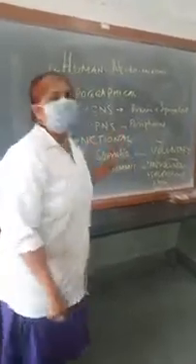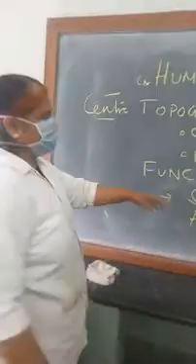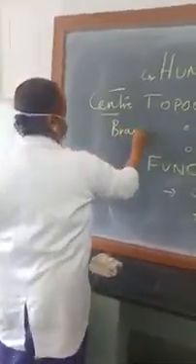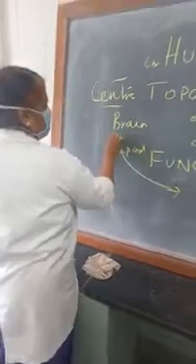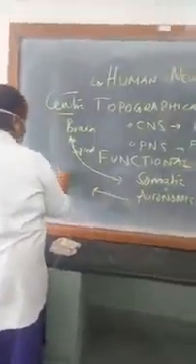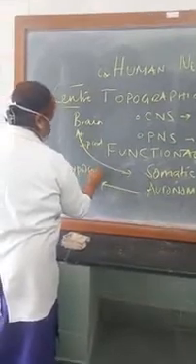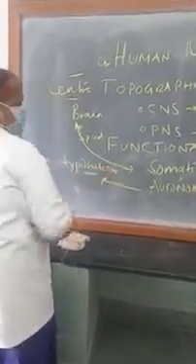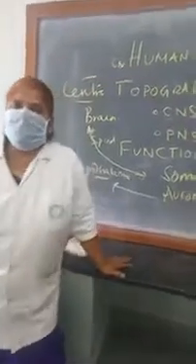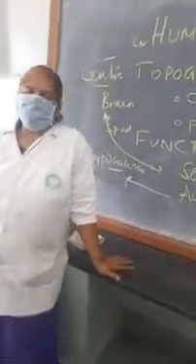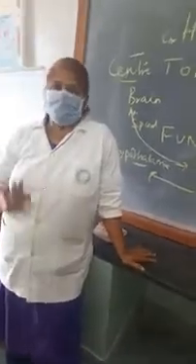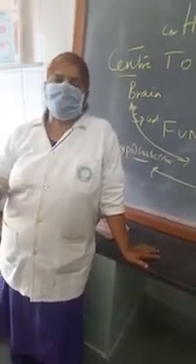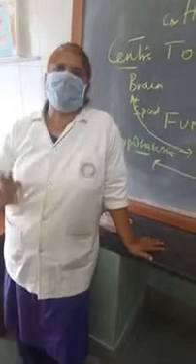Now let me tell you the centers of these functions. The somatic center is the brain and the spinal cord. They control the somatic nervous system, and the autonomic nervous system is under the control of the hypothalamus. From here two things go: one is parasympathetic, which is the 3rd, 7th, 9th and 10th cranial nerves, and the S2, S3, S4 segments, that is the pelvic splanchnic nerve. And the sympathetic system is the sympathetic chain extending from T1 to L2.